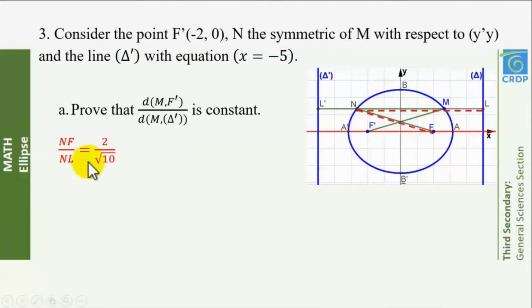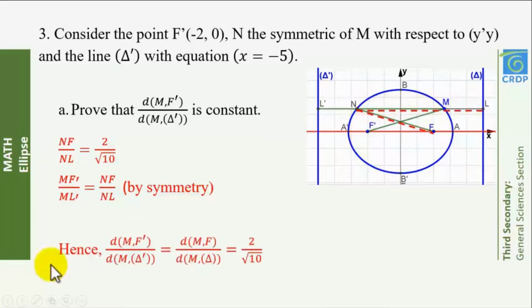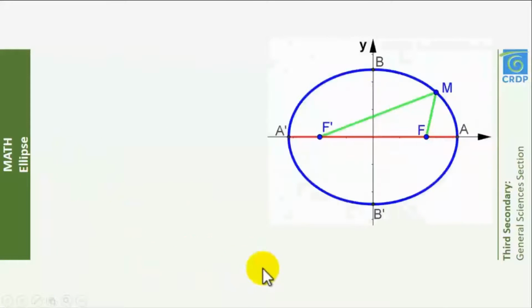And by symmetry we have NF equal MF prime and NL equal ML prime. Therefore, distance from M to F prime over distance from M to delta prime equal distance from M to F over distance from M to delta equal 2 over radical 10.